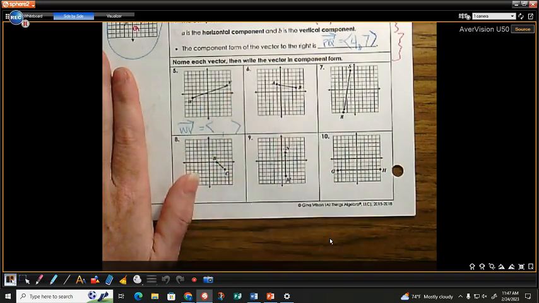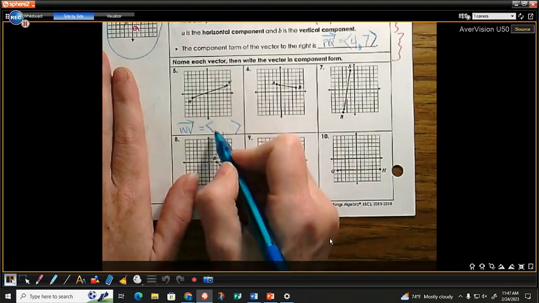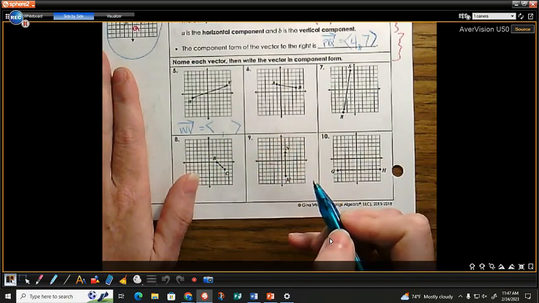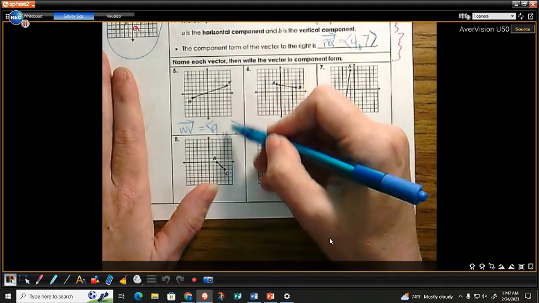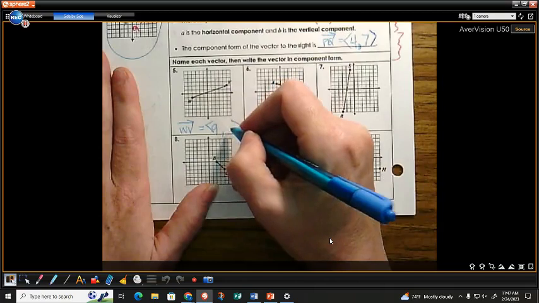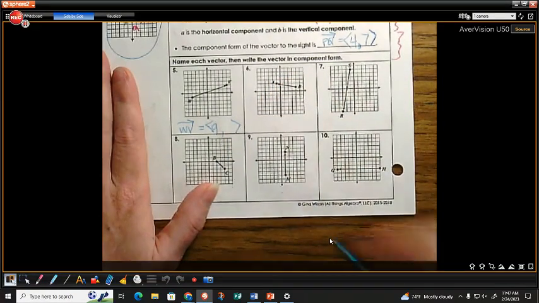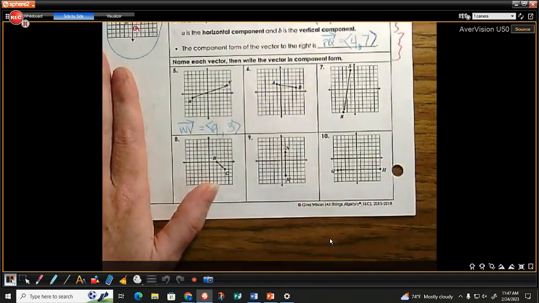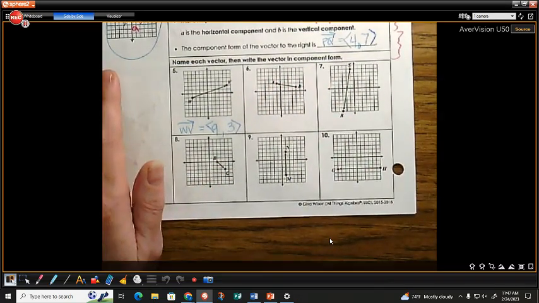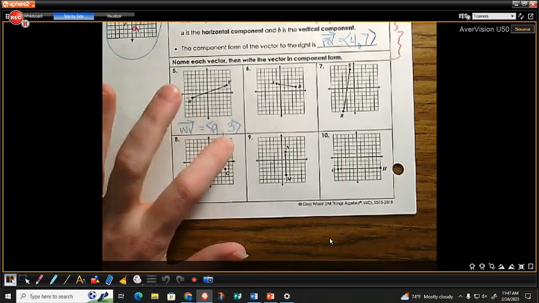Really? From W to V it only moves 4? Sorry. Remember, it's horizontal component first. It moves 9? And then how far is my vertical component? 3. Oh, I heard 3 and 4. 3. It's at -1 here, it's at 2 here, that's a distance of 3 in the up direction. Okay? So my vector WV moved 9 and 3.